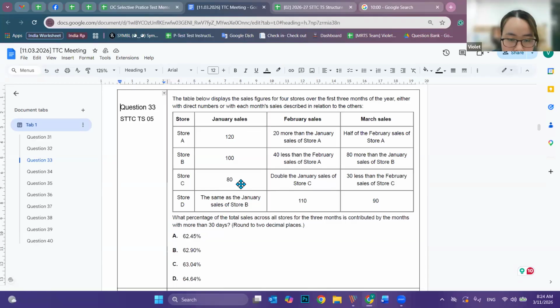For store C, January sales are 80, February is double the January sales of store C, so 160, and March is 30 less than the February sales of store C, so it would be 130.